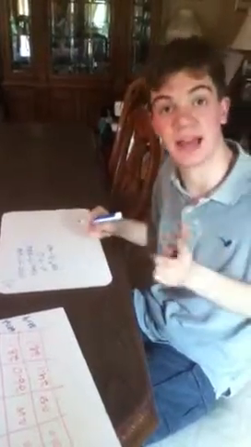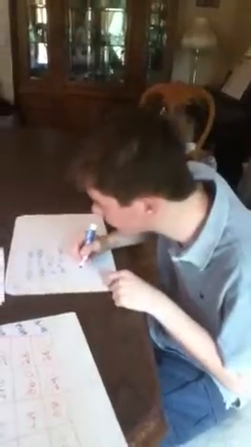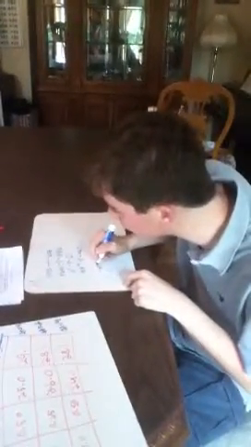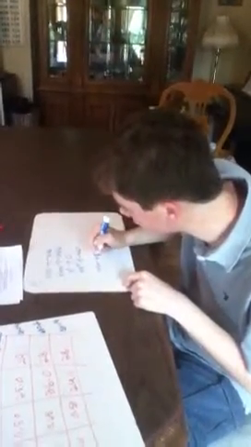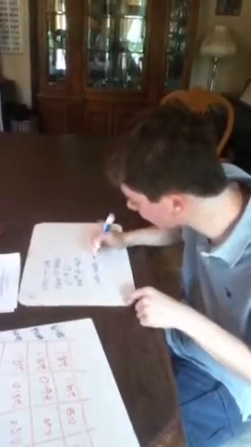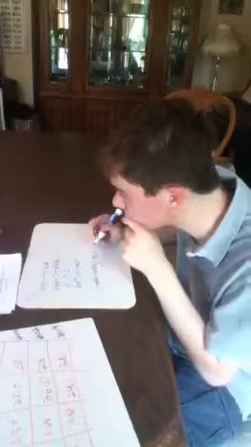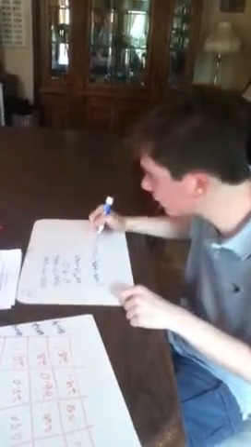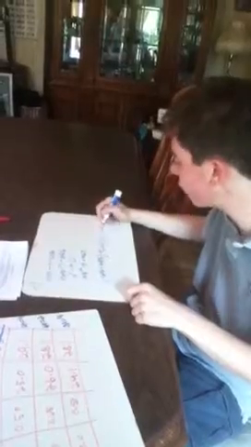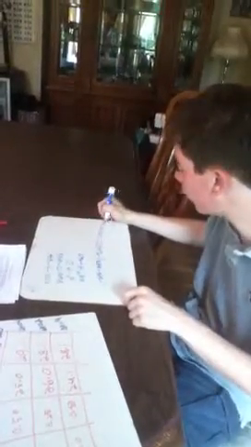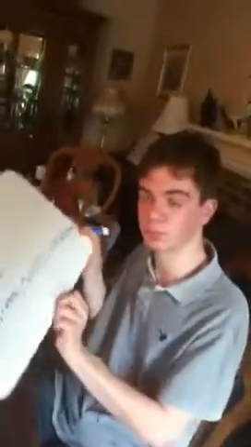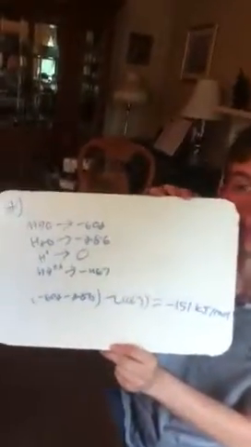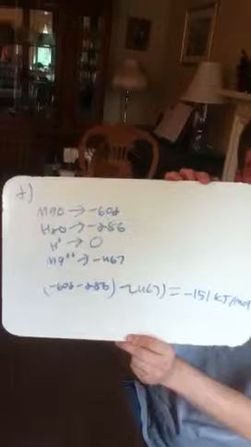Combined enthalpies of the products minus the reactants. Negative 467 minus negative 602 minus negative 286. And that should give you negative 151 kilojoules per mole. Remember that only when you're using the enthalpies of formation do we use this formula.